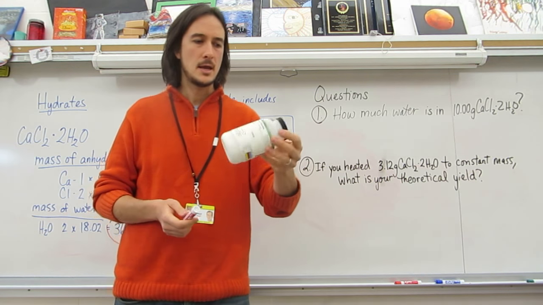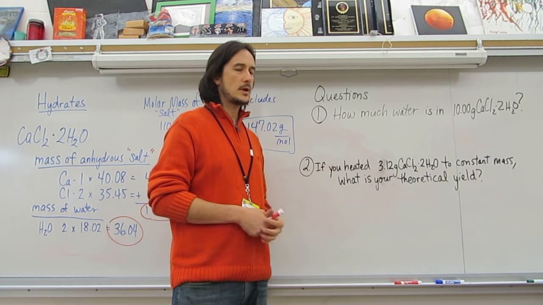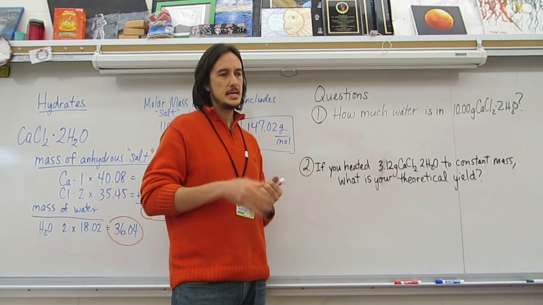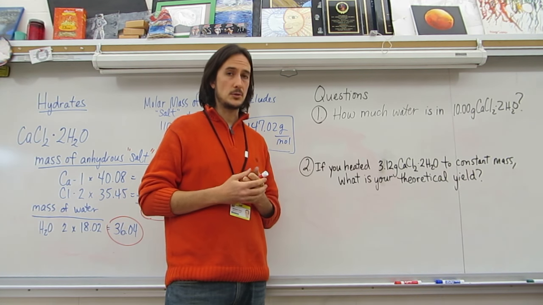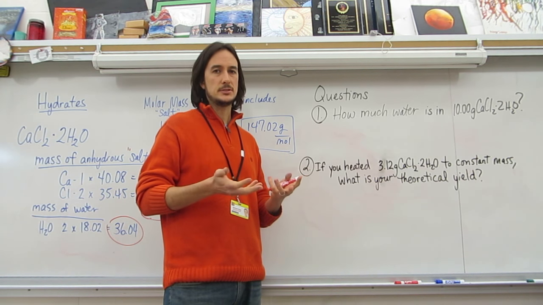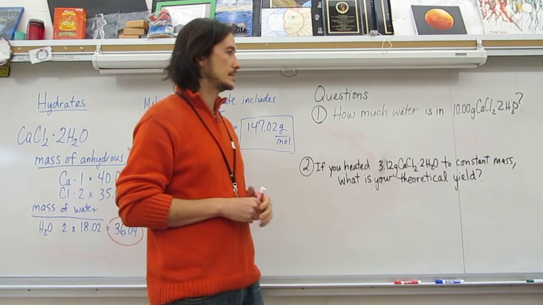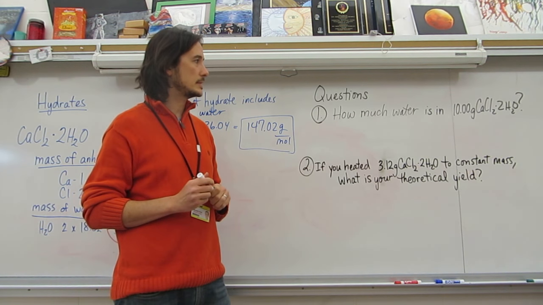If I took out the calcium chloride dihydrate and weighed it, got 10 grams, and started heating it until all the water comes out, the way I would know that is that even when I keep heating it, the mass doesn't change. It's called constant mass. We'll get to that in a second. But how much water is in 10 grams of calcium chloride dihydrate?